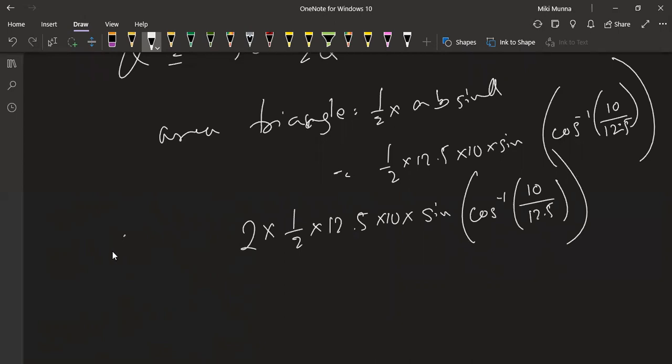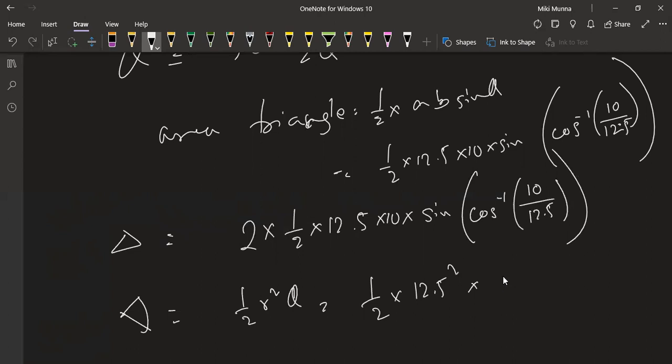This is our triangular area. Now sector area is half r square theta. Half is there, r square is 12.5 square, and theta is what?